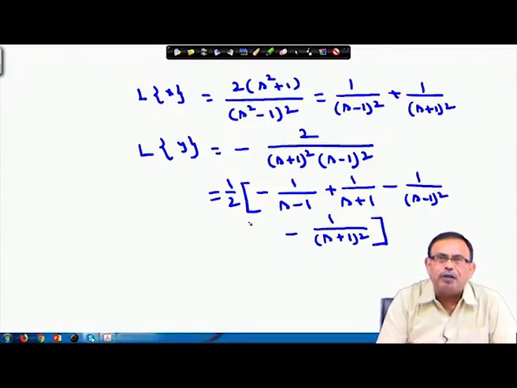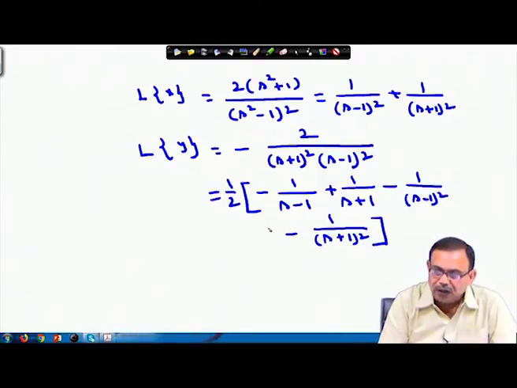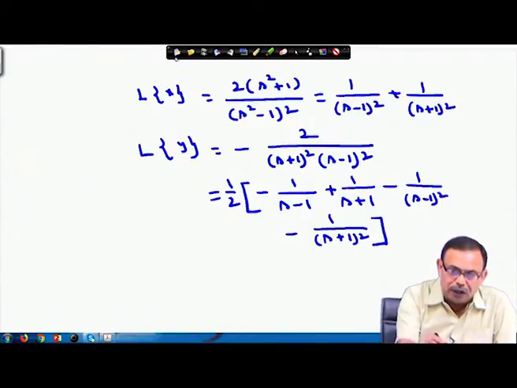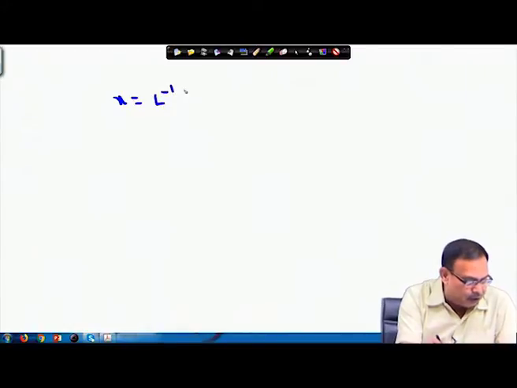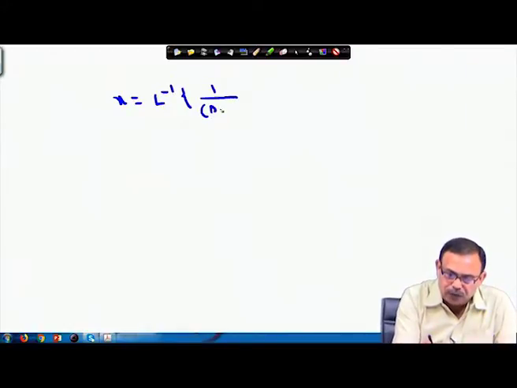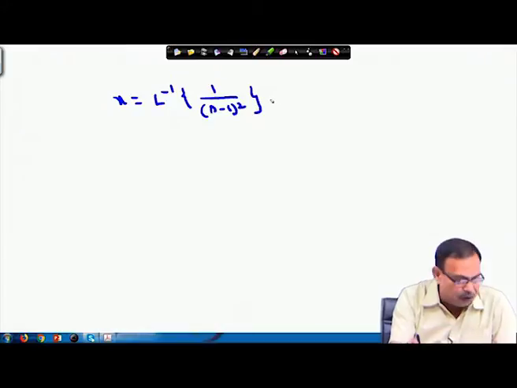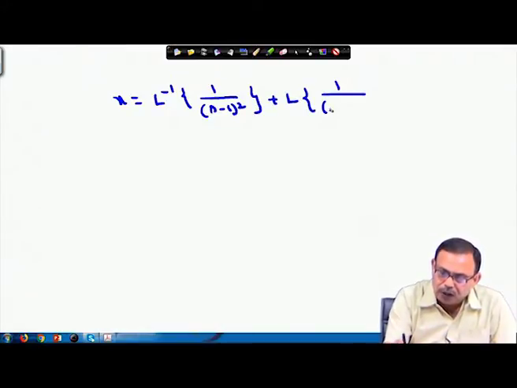So, once I am obtaining these two things, that is, in the denominator I have only one factor whose inverse Laplace transform is known to me, then I can write down x equals Laplace inverse of 1 by s minus 1 whole square plus Laplace inverse of 1 by s plus 1 whole square.